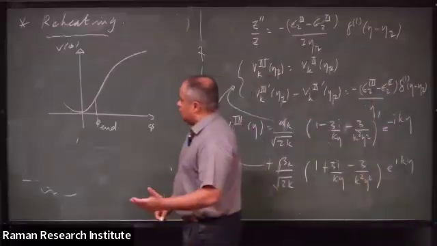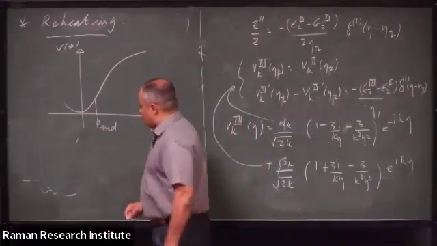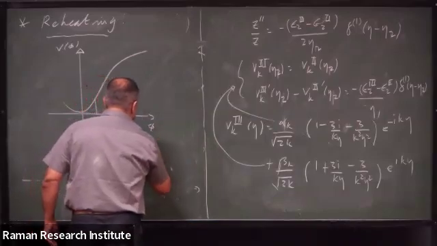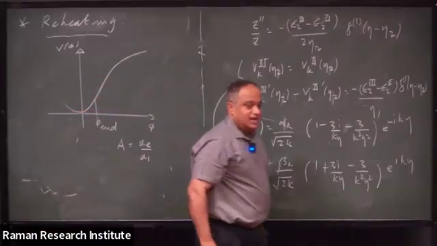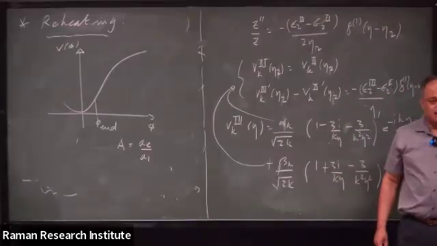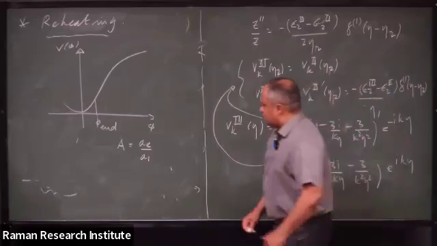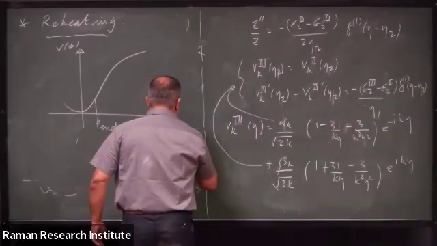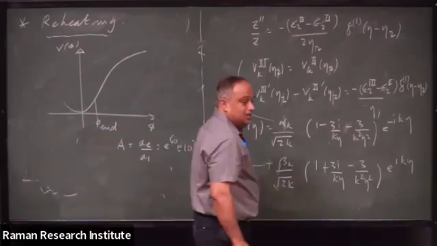So what do we need to do? I already mentioned that during inflation, if you calculate what is a_e by a_i, where a_e is the scale factor at the end of inflation and a_i is the scale factor at the beginning of inflation, we expect it to be of the order of e to the power 60, which is like 10 to the power 26 or so.